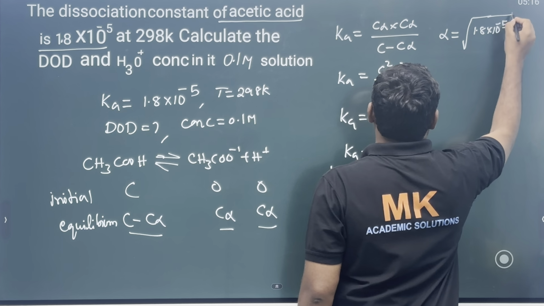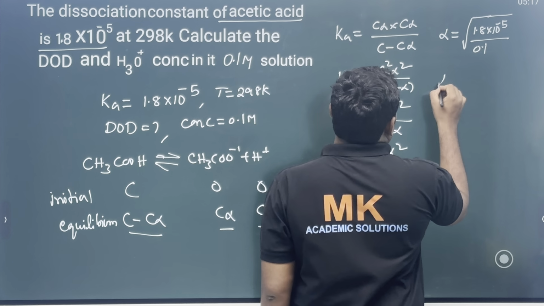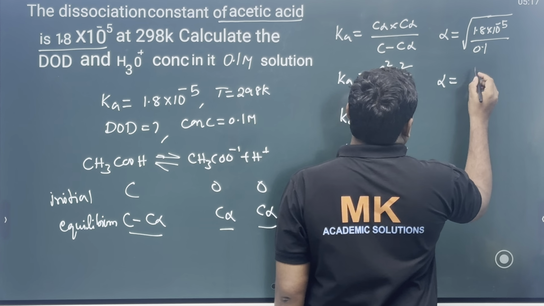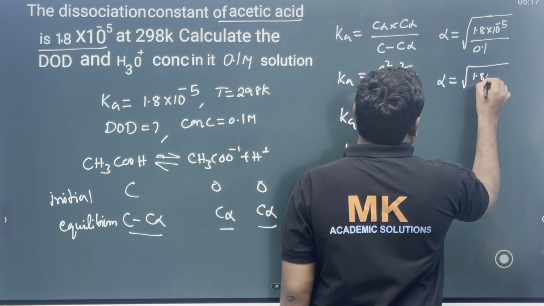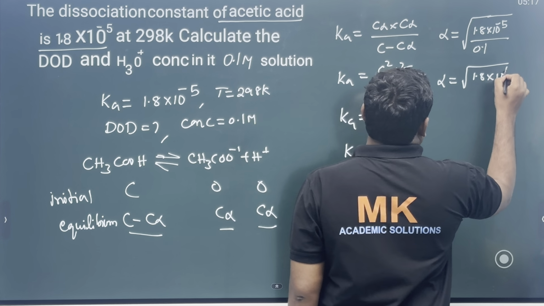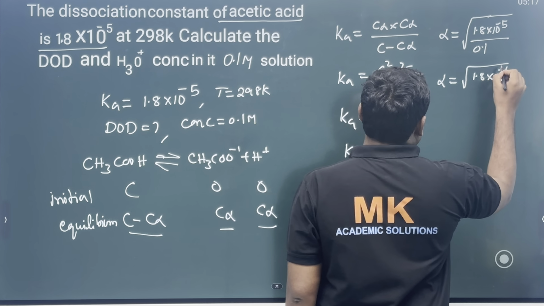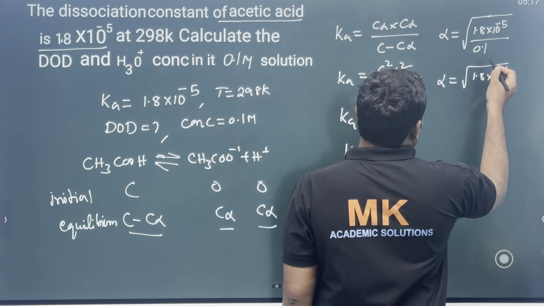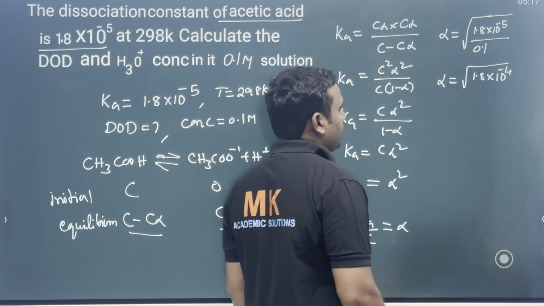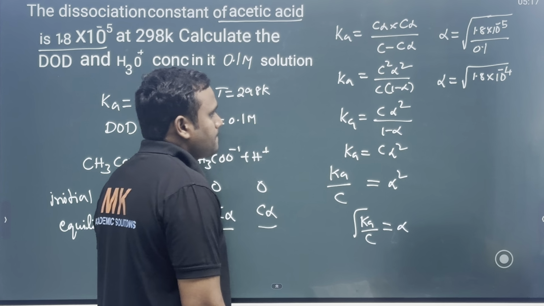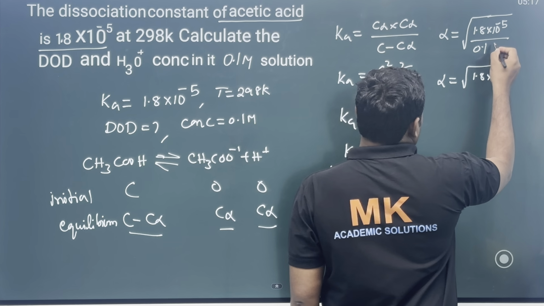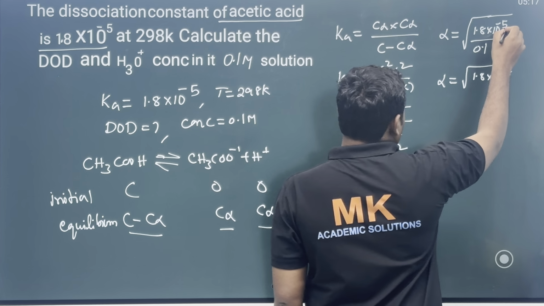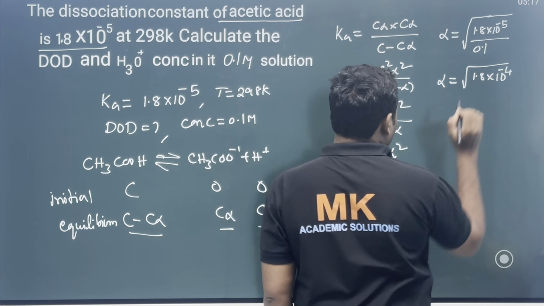I can write this as square root of 1.8 into 10 to the power of minus 4 by 0.1. 10 power minus 1 in the denominator goes to the numerator as 10 power plus 1, so it becomes 10 power minus 4.